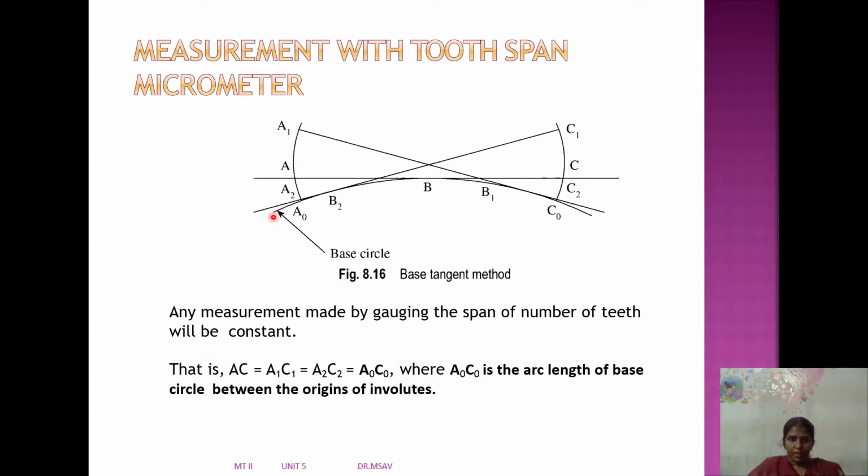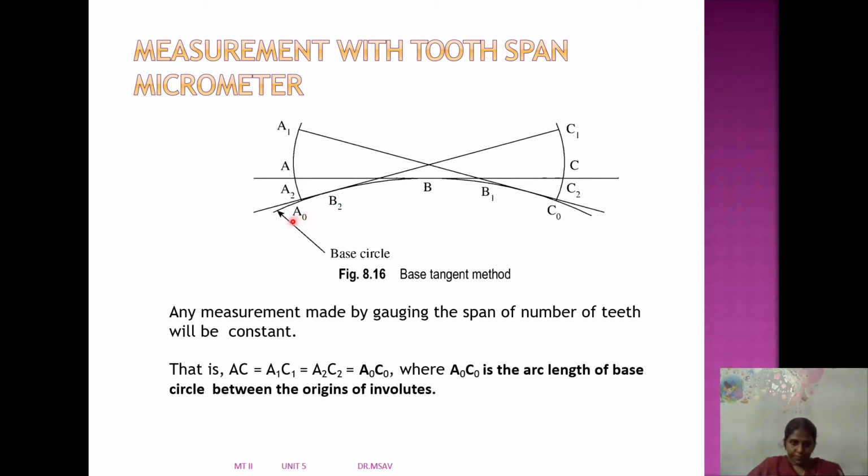Here this is the pitch circle, or base circle. AC is a tangent to this base circle, and it intersects at B. So AC is one tangent.